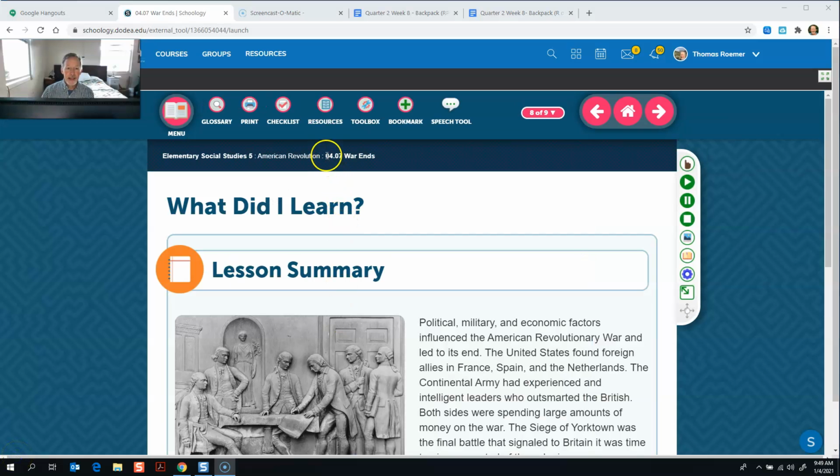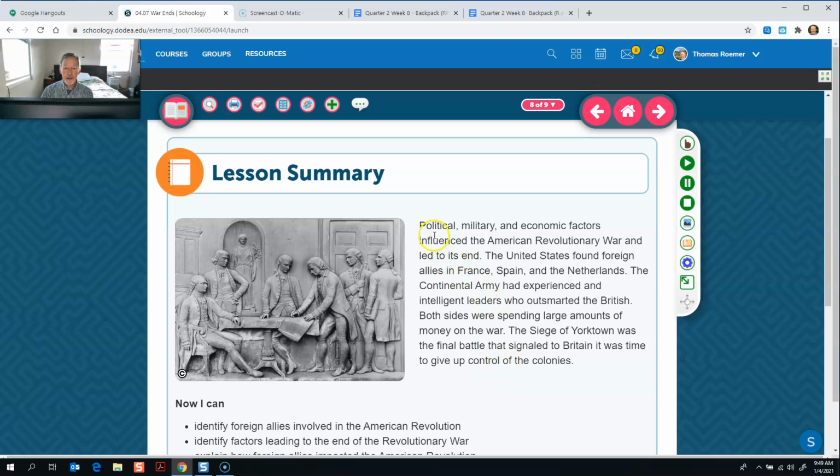All right, lesson 7, the war ends. So now we're talking about the political, military, and economic factors that influenced the Revolutionary War and how it ended. The United States found allies, friends in France, Spain, and the Netherlands. France actually helped fight, especially with their warships.